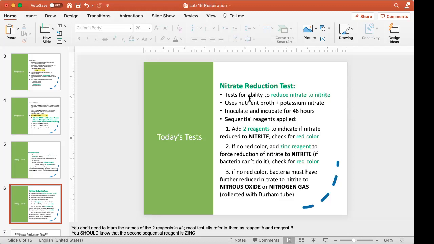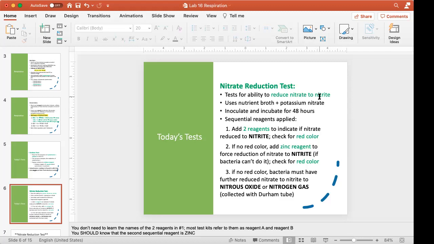This test uses a plain old nutrient broth. We've seen that culture media quite a lot. A plain old nutrient broth and a supplementation of potassium nitrate. We have to give the microbe nitrate if we want to watch it reduce that nitrate.